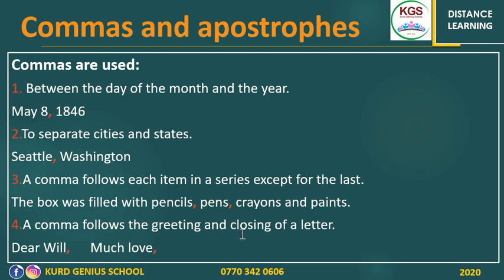We have the same thing in the case of closing. At the end of your letter, you write, much love, so you put down a comma at the end of the closing part of your letter.